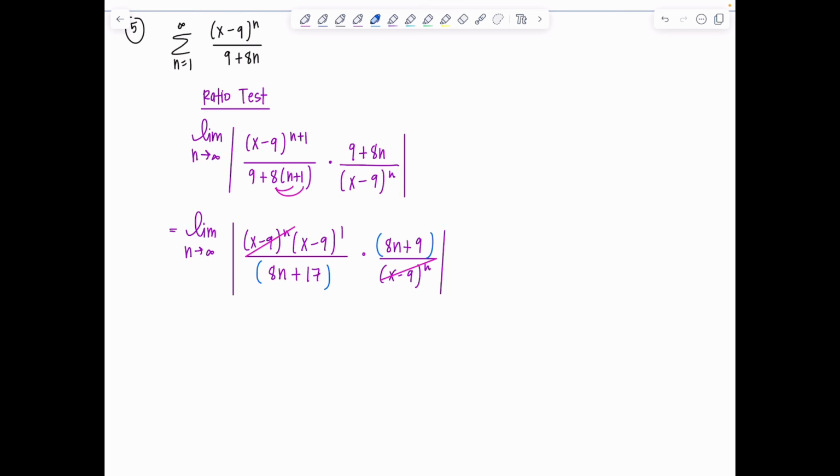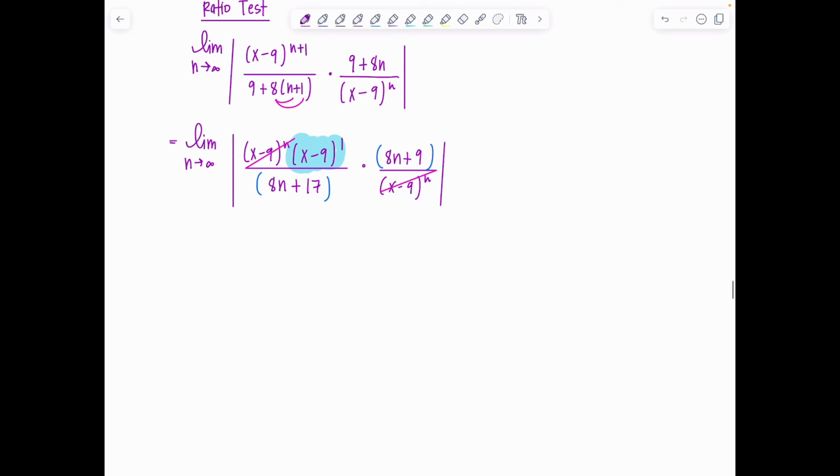I'm going to take out absolute value of x minus 9 from the limit. Here we go. Absolute value of x minus 9, limit as n goes to infinity. I don't need absolute value because now there's no more x's here. And then again, numerator and denominator are going to infinity, so I'm going to divide by n, the highest power from the denominator.